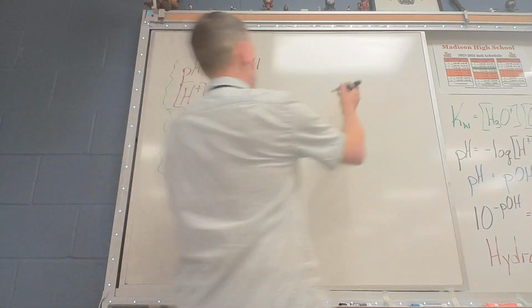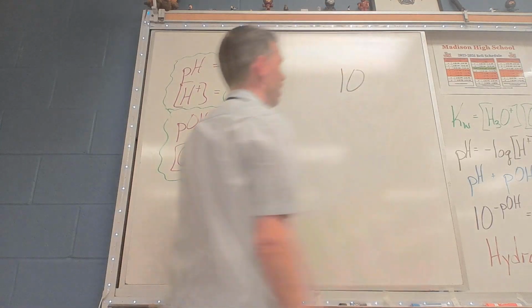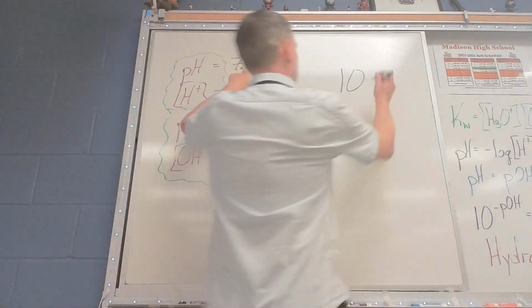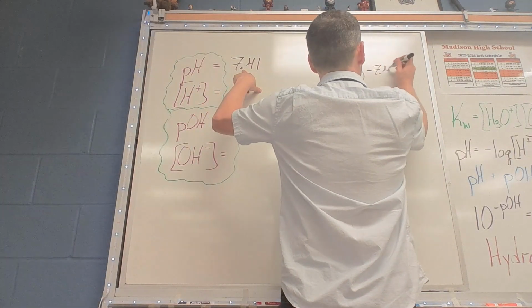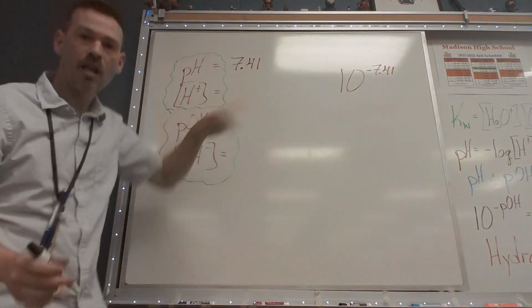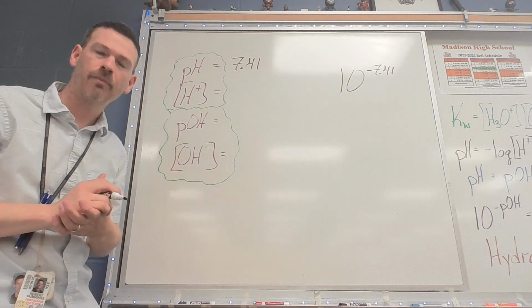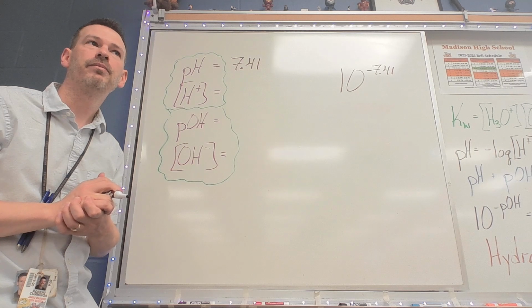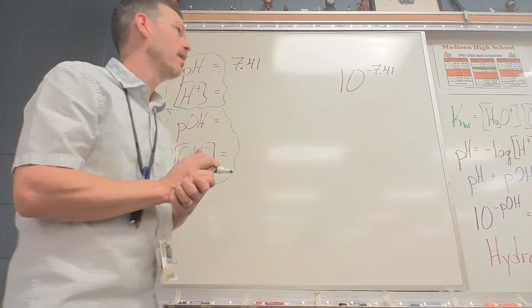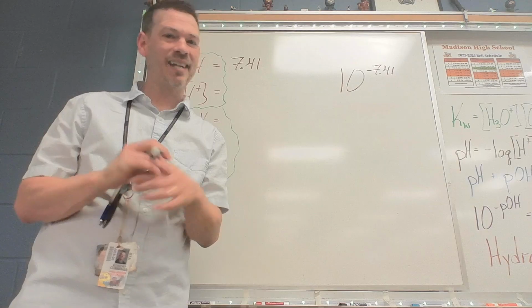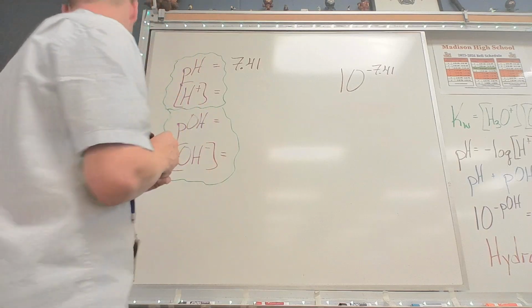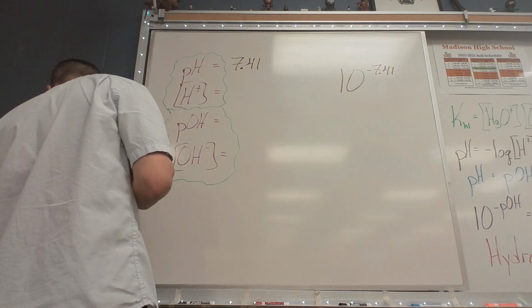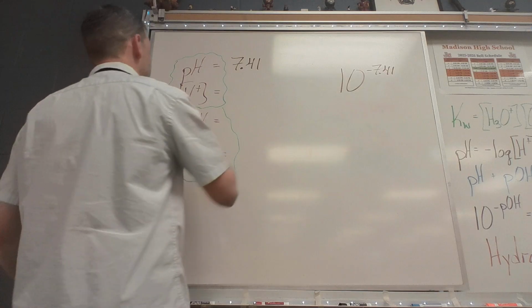So I'll go 10 to the negative 7.41, which will give me the concentration connected there. But watch your sig figs. Again, the miscommunication there can mess you up. I get an H+ of 3.9 E negative 8.